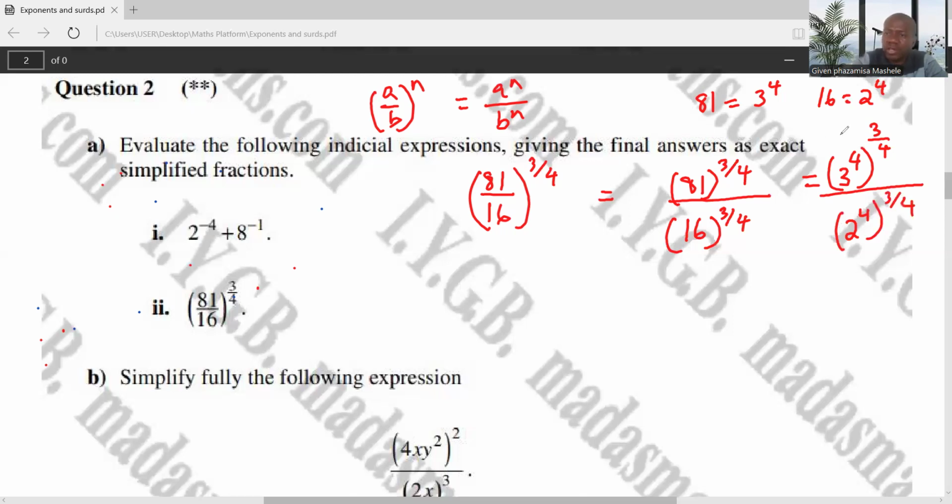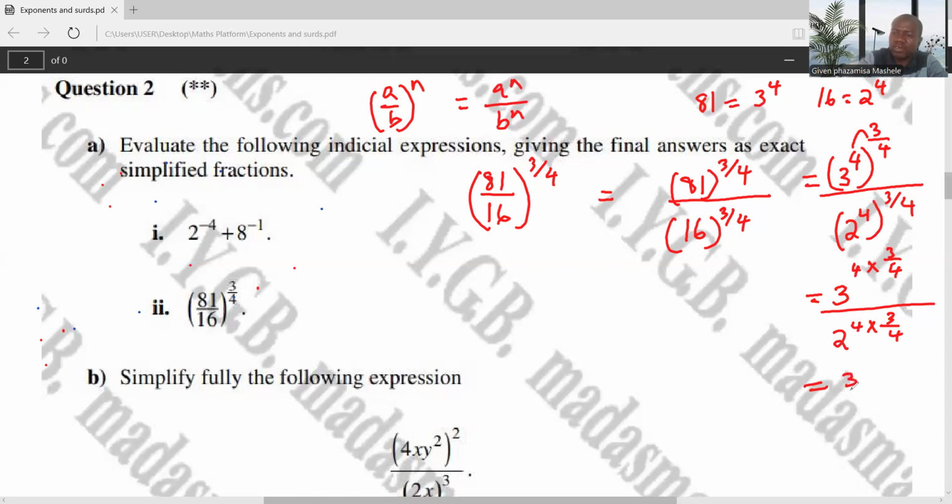Then now here we're going to use the rule of multiplying the powers because we have multiple powers. So this is the same as 3 to the exponent 4 times 3 over 4. Same applies, 2 to the exponent 4 multiplied by 3 over 4. So now 4 multiplied by 3 over 4 will still give us 3.